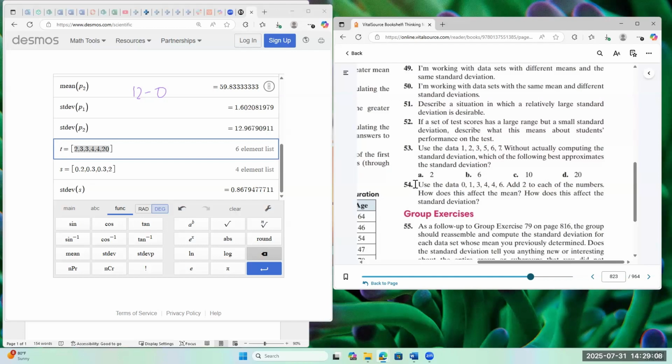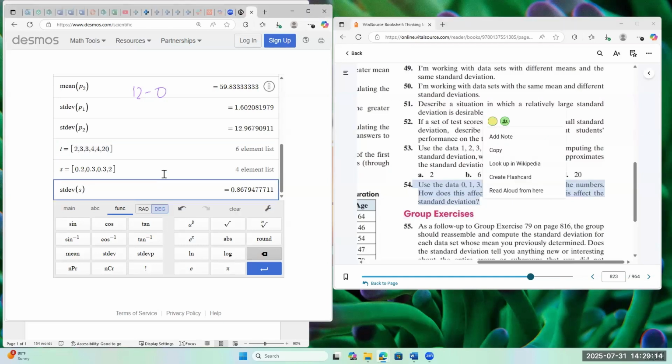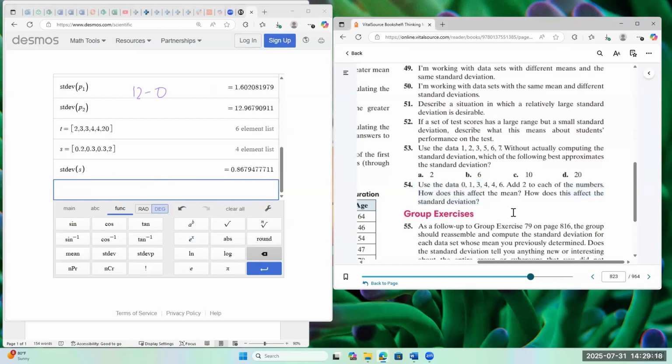Okay, and then let's take a look at this question. We're going to use this data here. We're looking at problem 54, and I'm going to enter that data set over here. I'm going to call it data set 1 and see if it will let me copy.